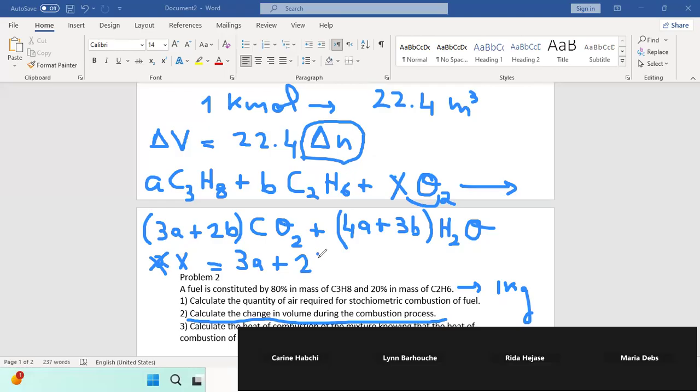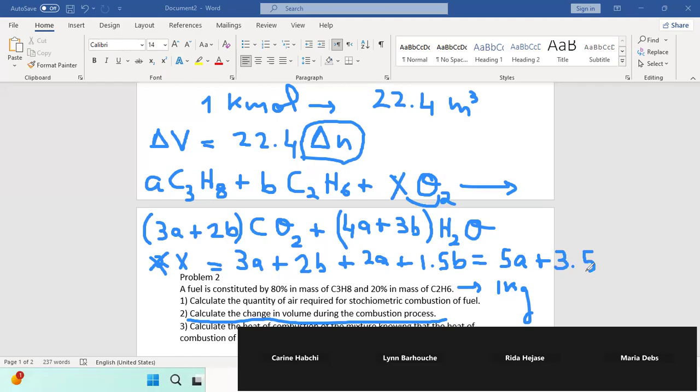And for H2O, you need to divide 4A plus 3B by 2, because each 2 kilomole of O will form 1 kilomole of O2. So you add plus 4A plus 3B over 2, which is 2A plus 1.5B. Okay, so we end up that big X is equal to 5A plus 3.5B.